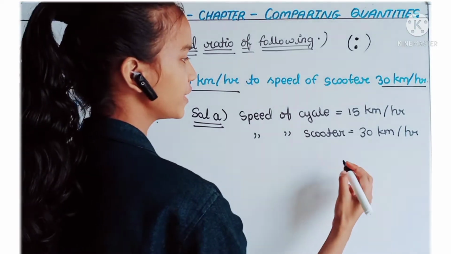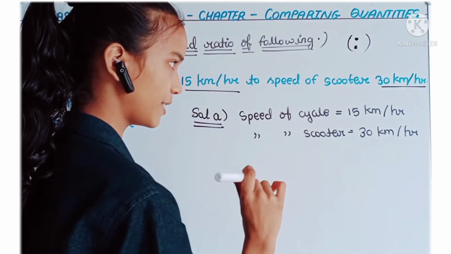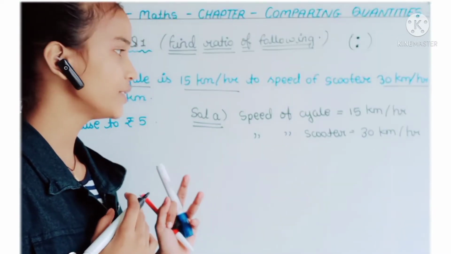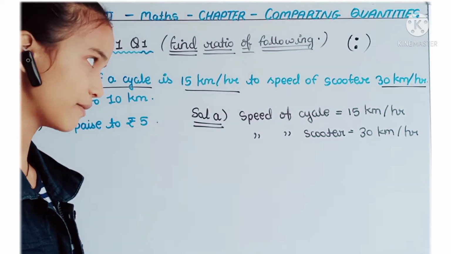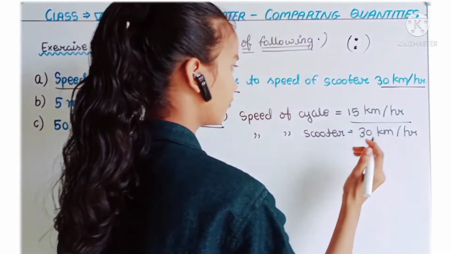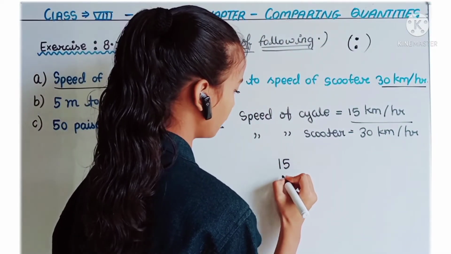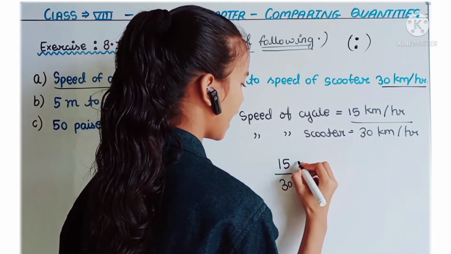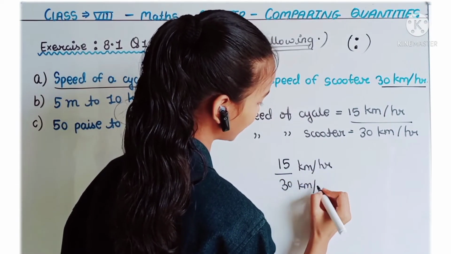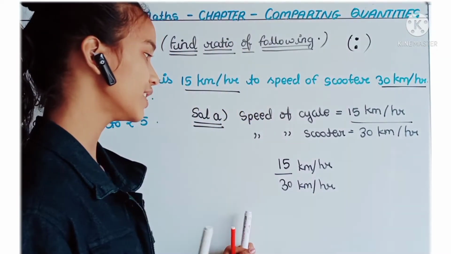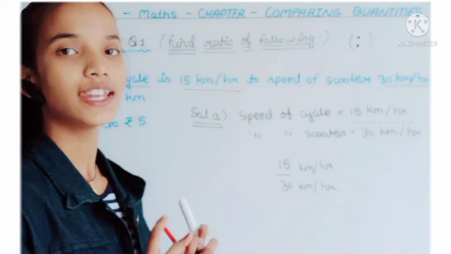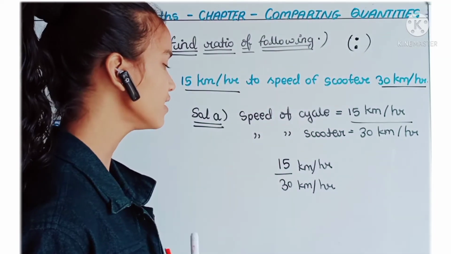As we all know, when we have to convert two situations into a ratio, we take them in fractional form. We take 15 upon 30, and km per hour is its unit, but when we change it into a ratio, we will not use the unit here, because we are changing it into a ratio.